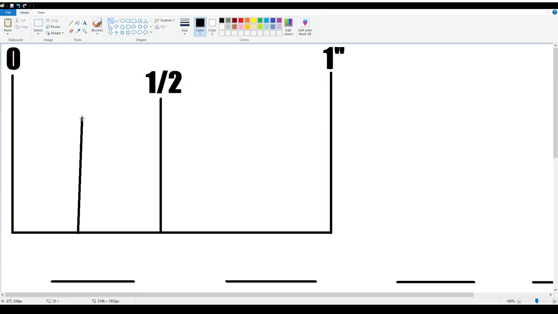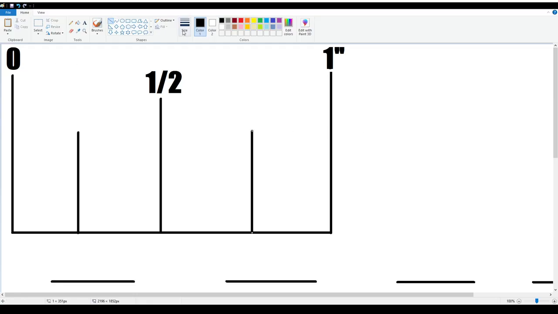We'll start our line here, and we don't want it to be the same height. We want it to be a little bit shorter. So maybe about right there. Again, about 75 to 80% of the length of the 1/2 inch line. And then we'll draw another one between the 1/2 inch and the 1 inch line. Something about right there. Similar height to the one on the other side, 75 to 85% of the 1/2 inch vertical line.